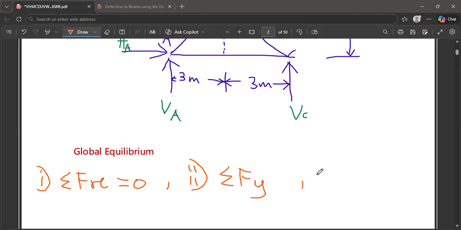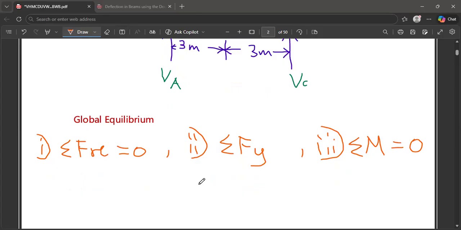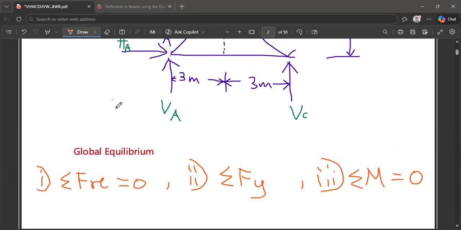And for the third, sum of all moments about a point should always be equal to 0. So these are our equilibrium conditions which we have decided to work with.